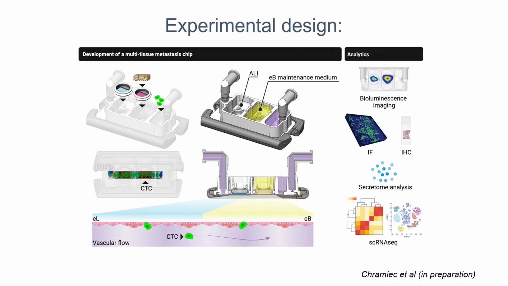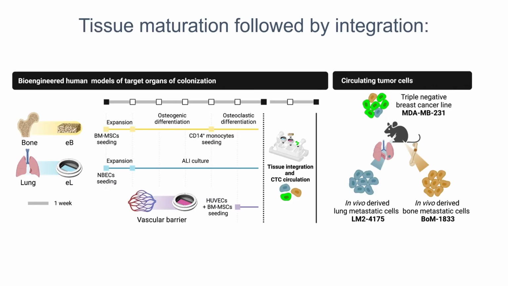We made a platform just for these two tissues. So we have lung, which is a tissue that requires air-liquid interface. So this is how we matured it. And we had bone, and we had vascular circulation. And then in this vascular circulation, we had circulating cancer cells. And then we did all the analytics that was possible.